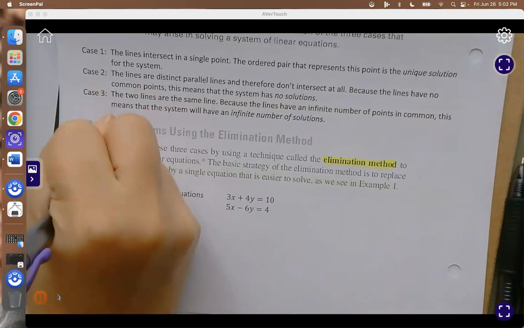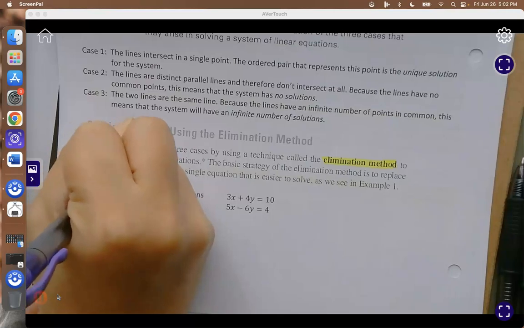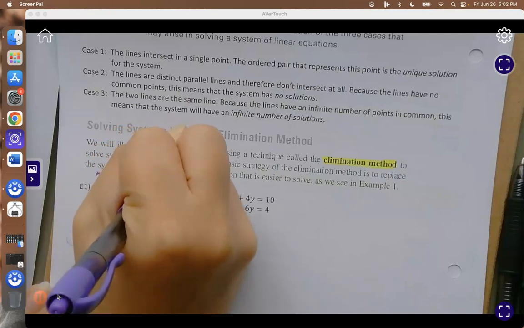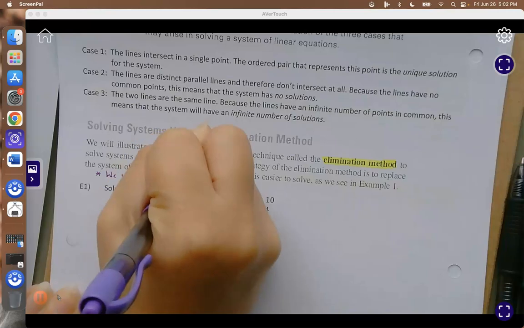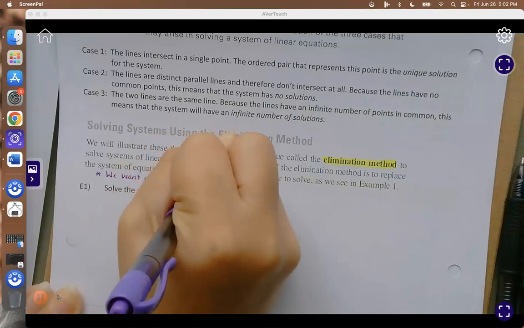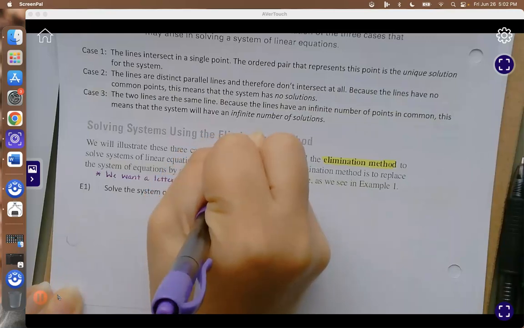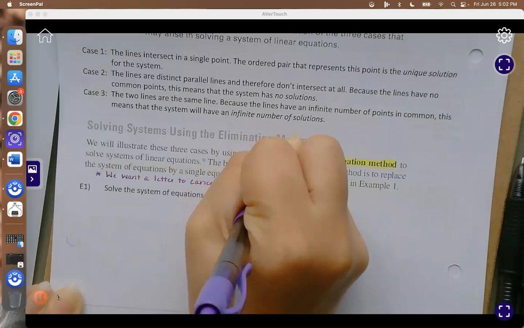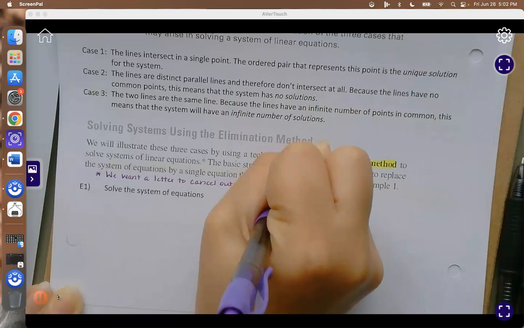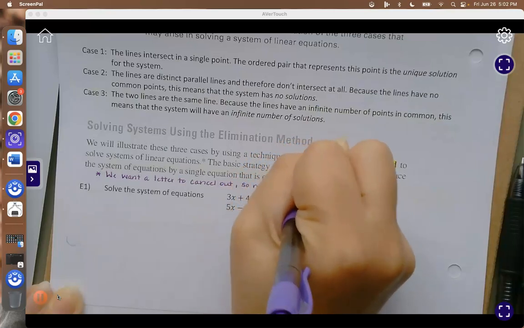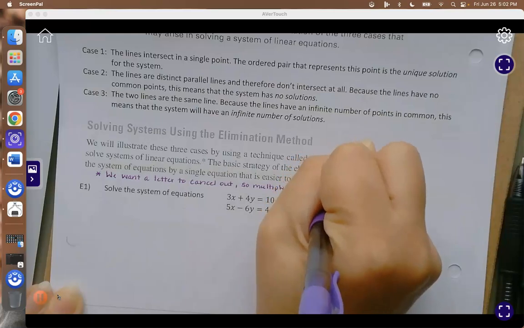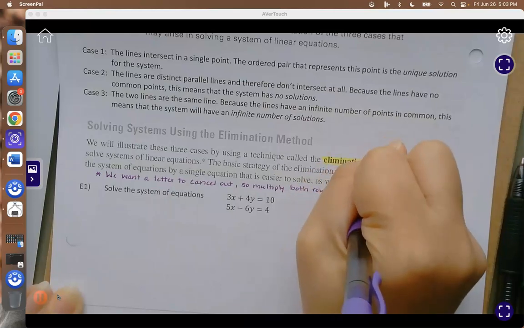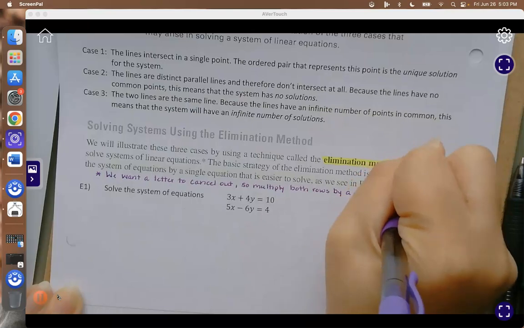We want a letter to cancel out, so multiply both rows by a number to get there.